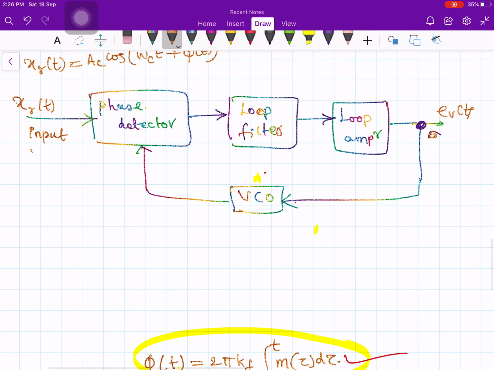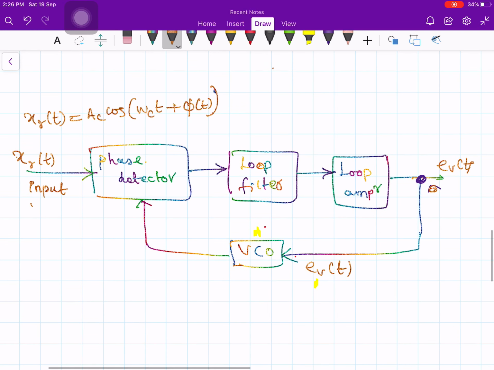Now, because after all the voltage controlled oscillator is governed by its input, what is the input now? EV of t. So depending on the variation of input, it will have some modulation. Therefore, the output of the voltage controlled oscillator, let me denote by E naught of t.